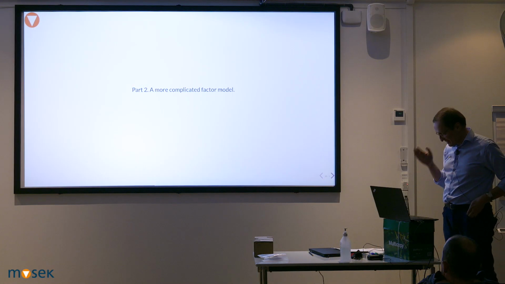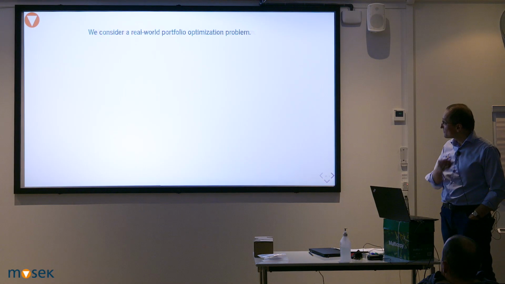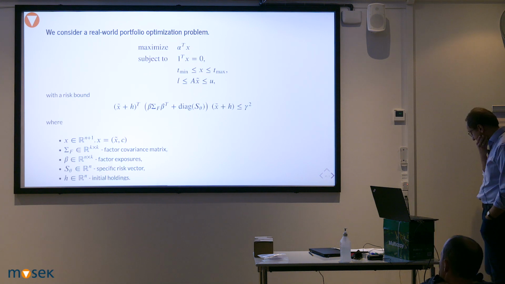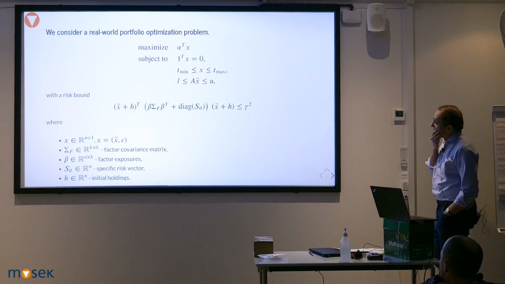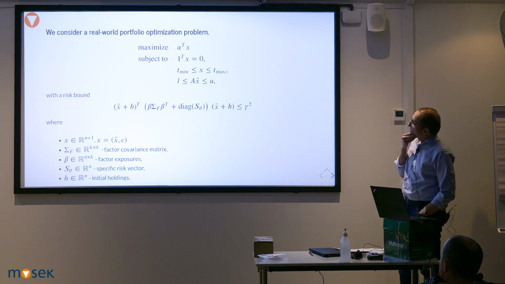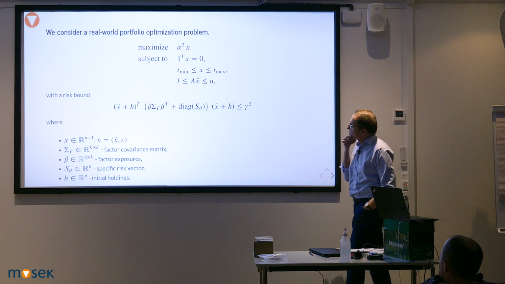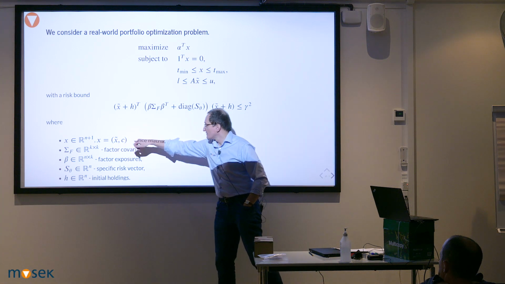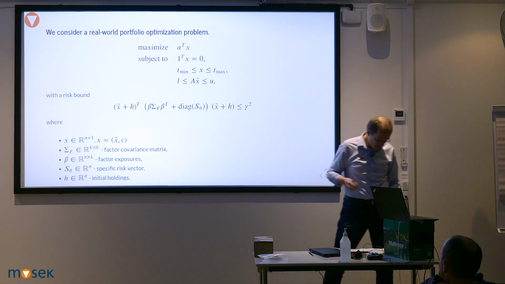Okay, so now let me jump to this other part, in which I will take an actual big portfolio model from the real world, and this is something like X is the vector consisting of assets and one last position for cash.